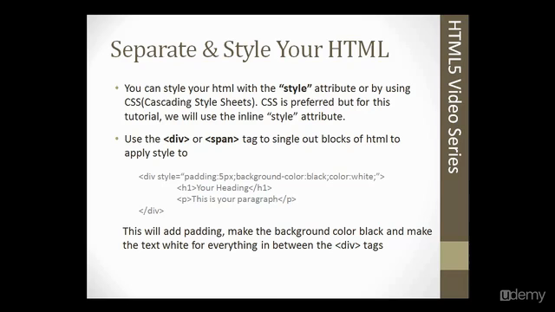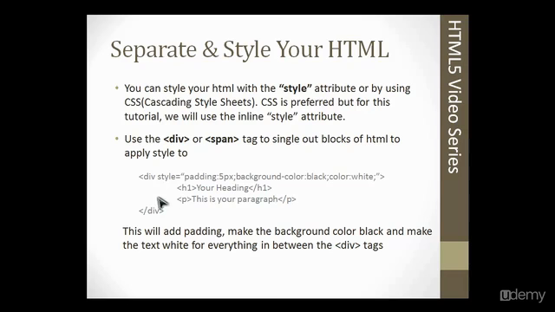CSS is actually preferred, but for this tutorial, for simplicity, we're just going to use the inline style attribute. To separate certain blocks of HTML, we can use the div tag or the span tag. The biggest difference between these is that div is a block level element and span is inline.